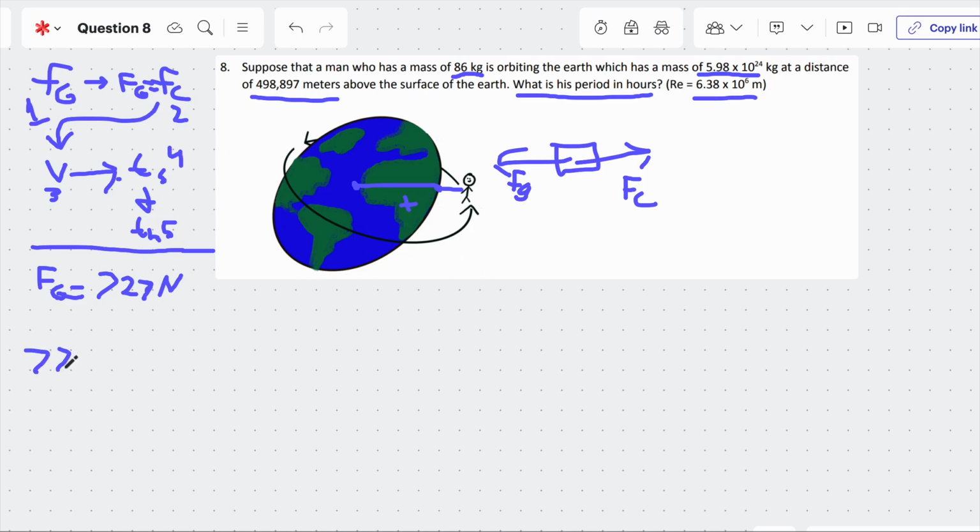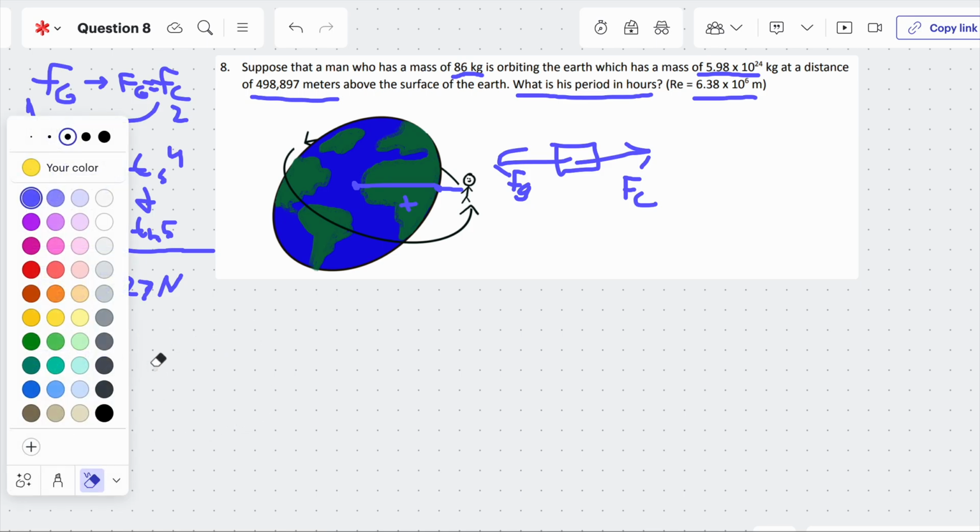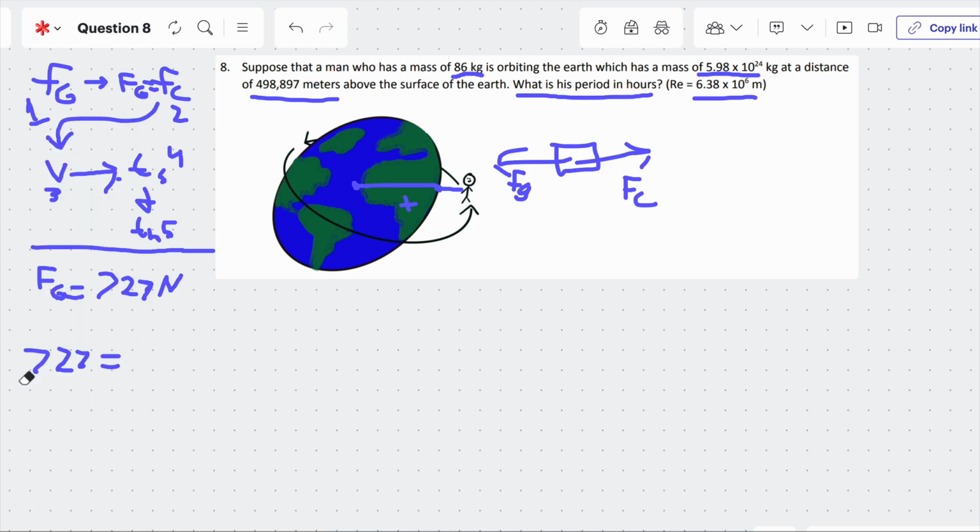So 727 equals our centripetal force equation, which is mass times velocity squared over r. So because we're using this equation to find velocity, which we use to find time, we're going to be solving for velocity. All right, actually, okay, here's what I'm going to do. Hold up. I'm going to write this in a different color.